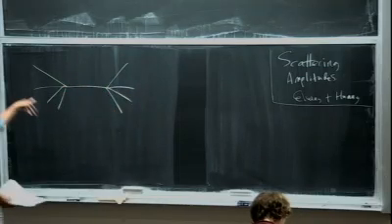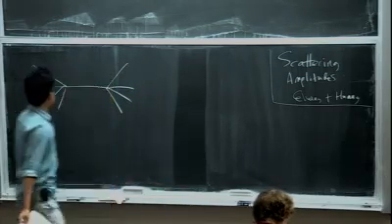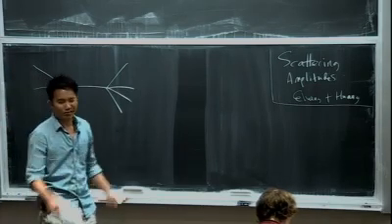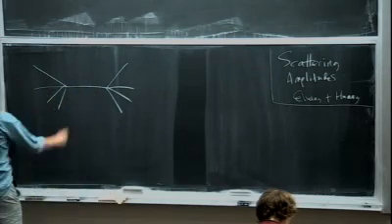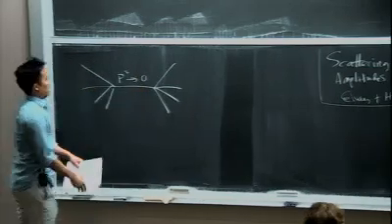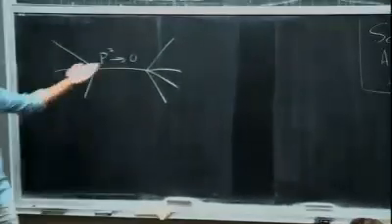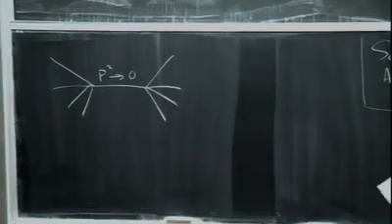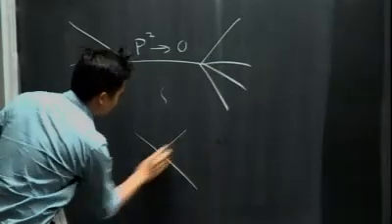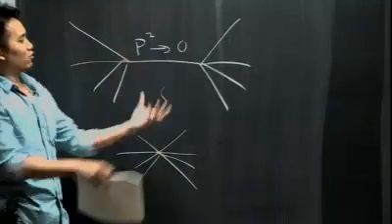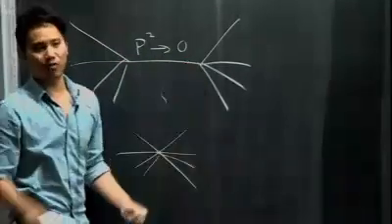Take some amplitude with a bunch of external particles, and take the external momenta and tune them to a very particular kinematic regime, one where some intermediate momentum for, say, a massless exchange particle goes on shell, so p squared goes to 0. The statement of factorization is that had you started with some amplitude and gone to this factorization channel, the object you'd get would have a singularity multiplied by two lower point amplitudes.